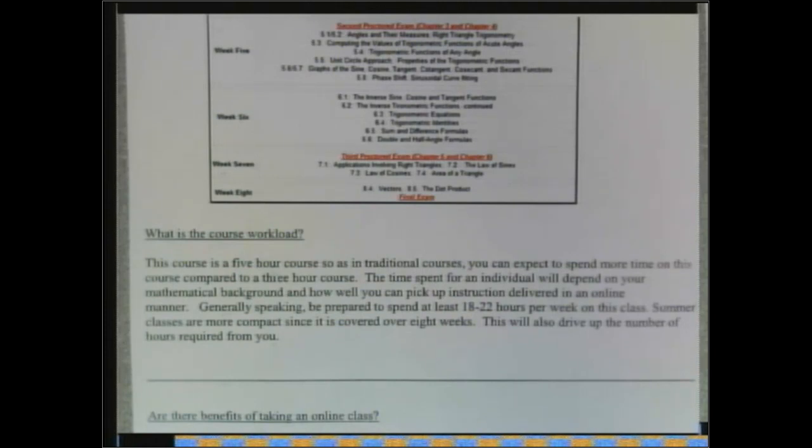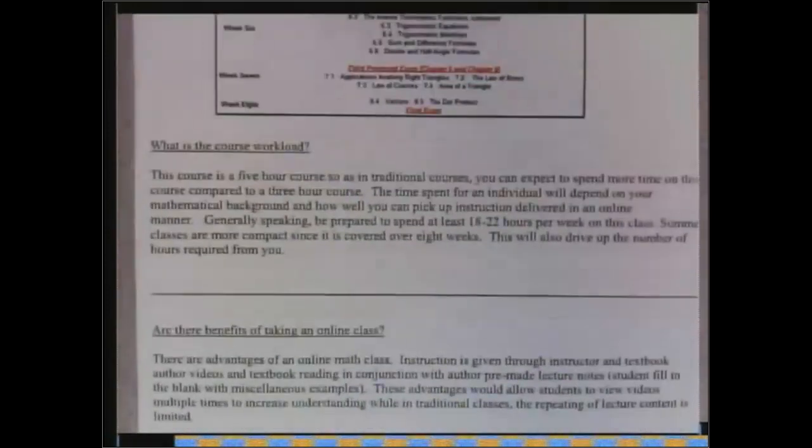So that includes studying, learning the material, and things like that. And I'm not saying you can cap it off at 22 hours. Some people may take 25 to 30 hours. But if you're an average student, this is about what you should be at. All right. Let's read on.